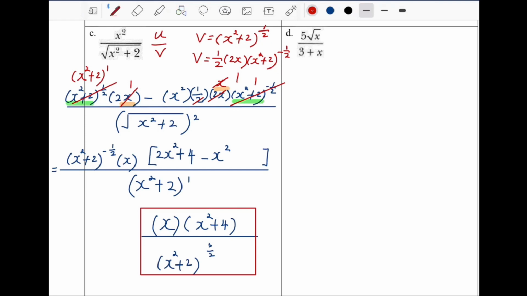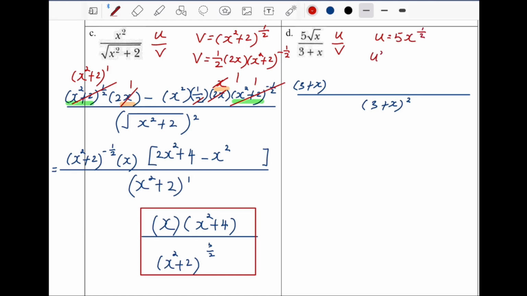U over V. V squared, followed by V, followed by U prime. Let's do a little bit of differentiation. 5 bracket x followed by 1 over 2. So it's just 5x to the power of 1 over 2.